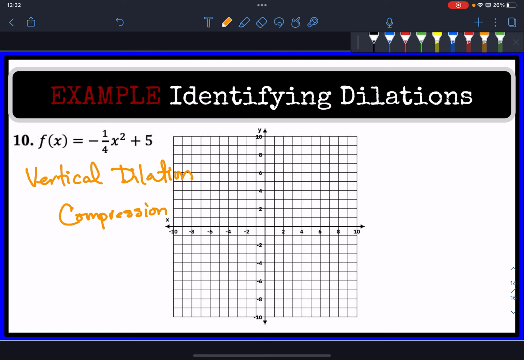So the only one that is the opposite is going to be the horizontal one, if we had that 1/4 grouped with the x. So while this is a compression, if I had f of x equal to negative still, but the 1/4 in with the x to the second power plus 5, this is a horizontal dilation.